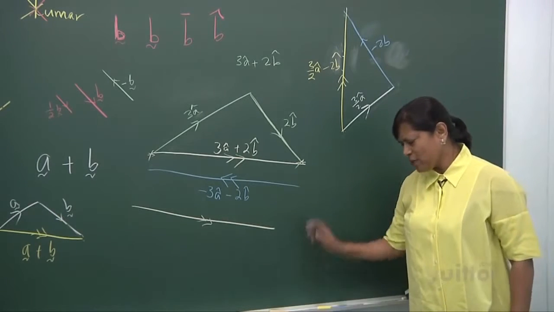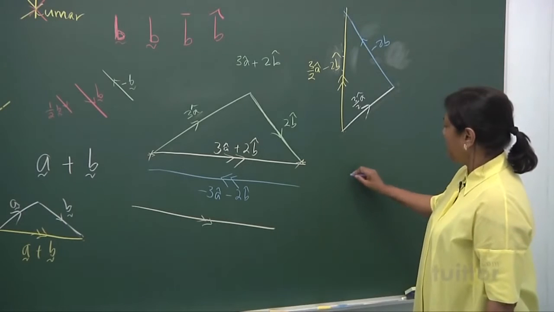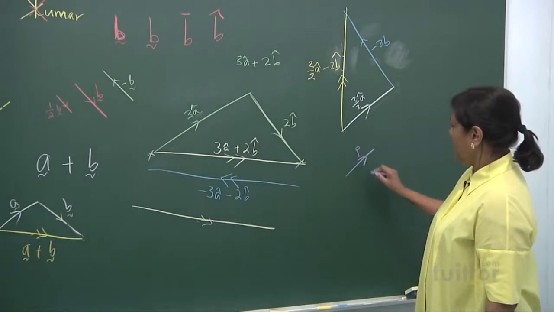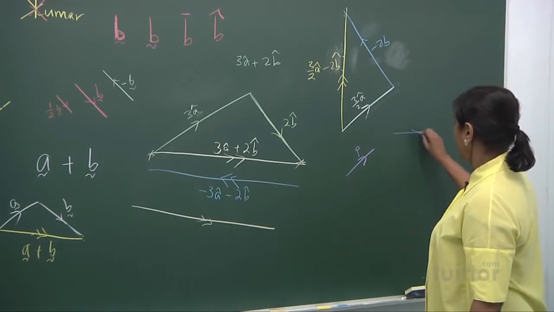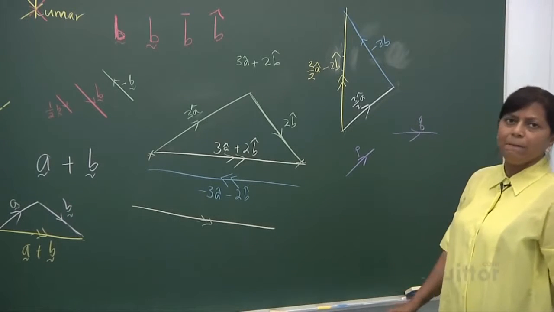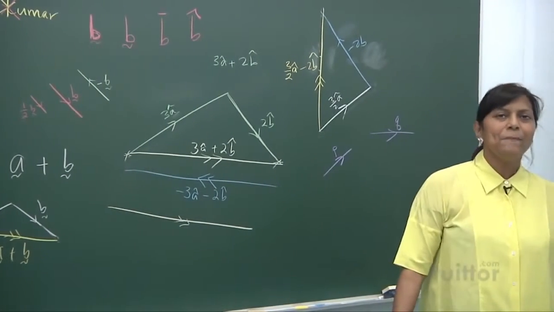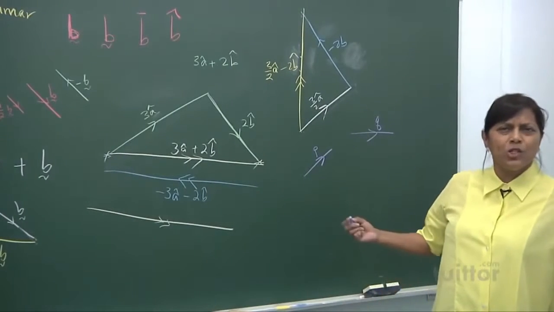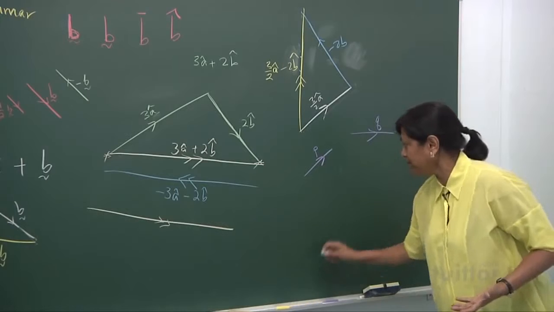Now what happens if I change my vector and I say this is vector P, and this is vector Q. Alright, P and Q. And you want 2P plus 3Q. What is 2P going to be? It's going to be double the length of this.